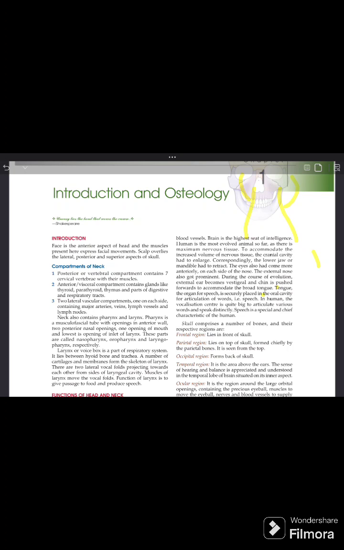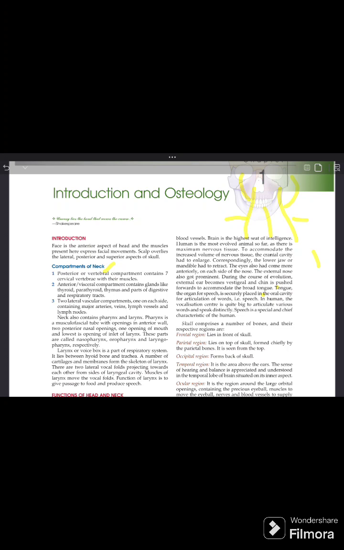There is an anterior part, a posterior part, and two lateral parts. The posterior compartment contains 7 cervical vertebrae and their muscles. The anterior is also called the visceral compartment, and the posterior is called the vertebral compartment.